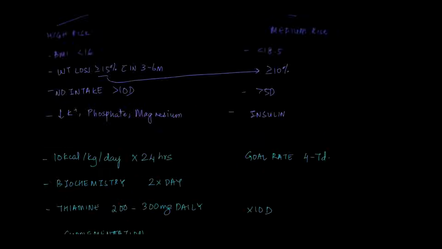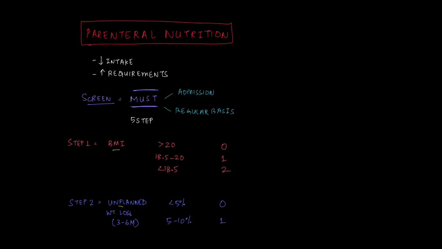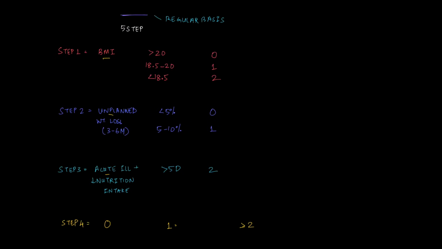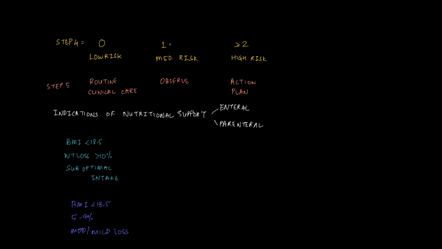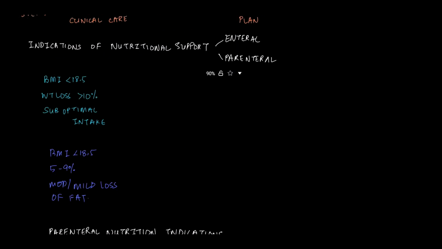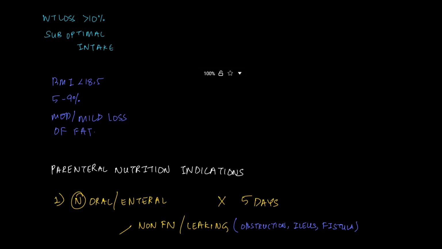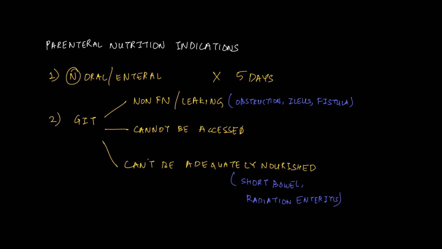So in this video, we have taken a look at parenteral nutrition, the need for parenteral nutrition, how we assess the patients who are at risk of malnutrition, the indications for nutritional support, be it enteral or parenteral, the indications for parenteral nutrition, that is when oral intake or enteral nutrition is not possible for 5 days, or GIT factors like non-functioning gut, or gut that cannot be accessed, or if a patient cannot be adequately nourished via oral nutrition.